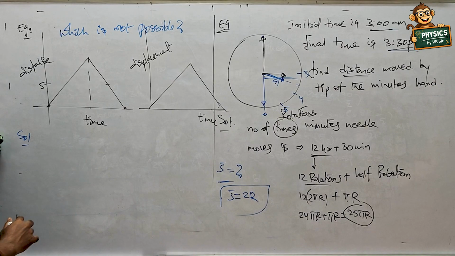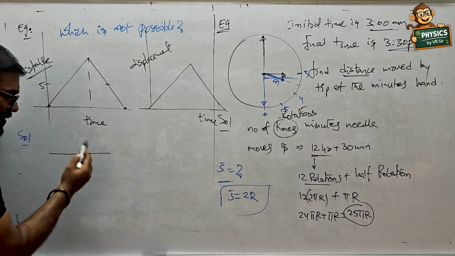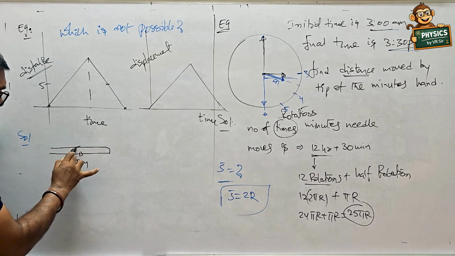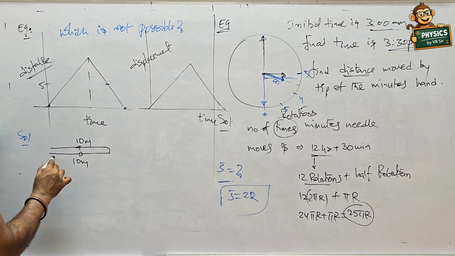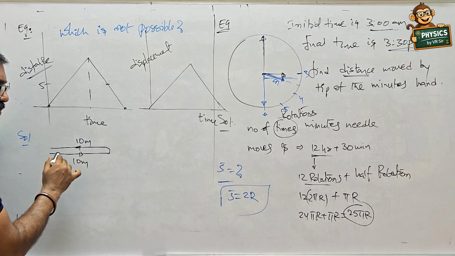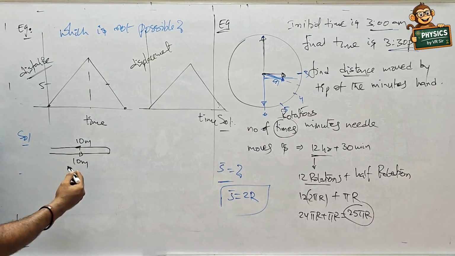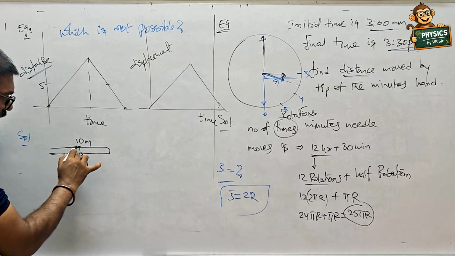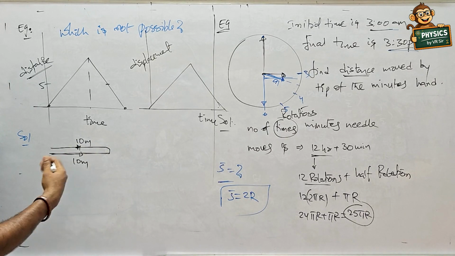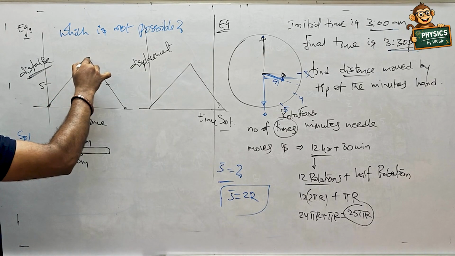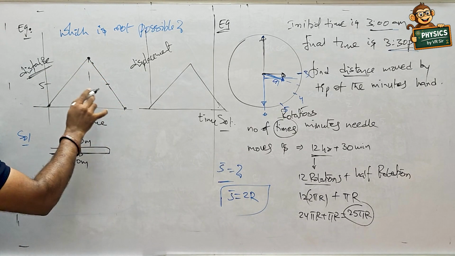Distance is the total length of the path, I said. Suppose it moved 10 meters and comes back 10 meters. The 10 meters is positive, and the coming back also should be taken as positive, because even if it reverses its direction, the value keeps on adding. For example, 10 and up to here 5, so 10 plus 5, keep on adding only. But in this graph, the distance, once it has increased, seems to decrease again.